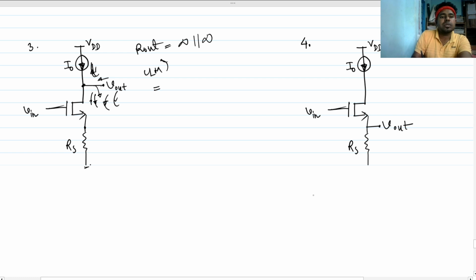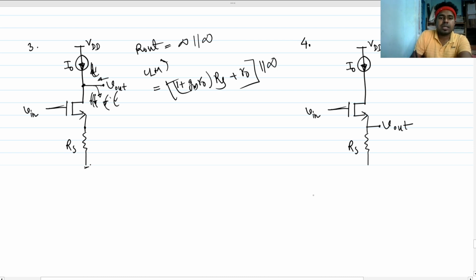So we know that the output impedance will be nothing but 1 over gm of this MOSFET into RO of this MOSFET into this RS plus R0, right? So this will be our R out looking downwards, and looking upward is infinite.